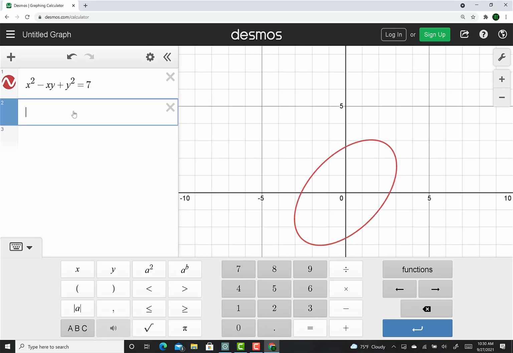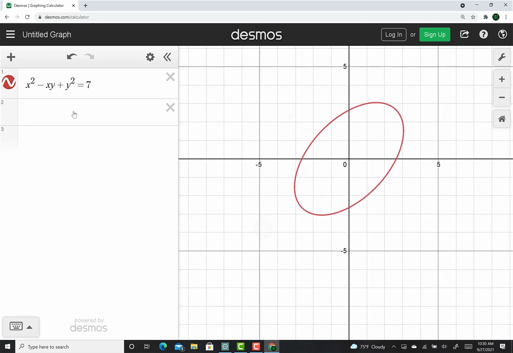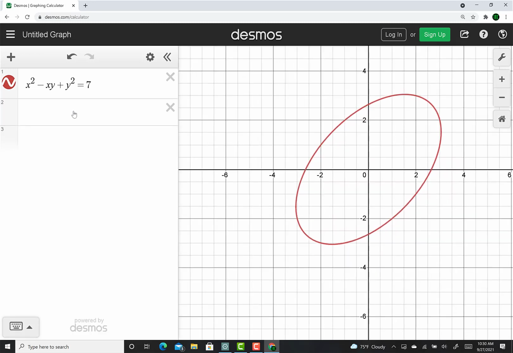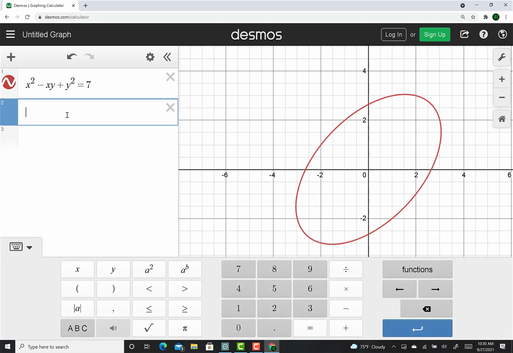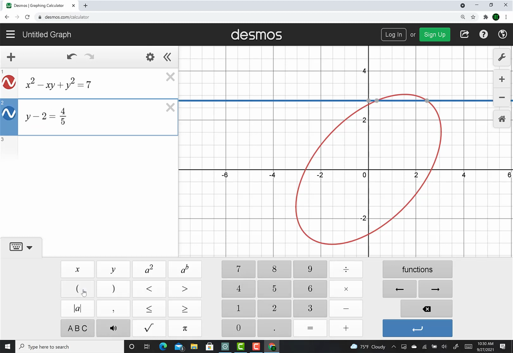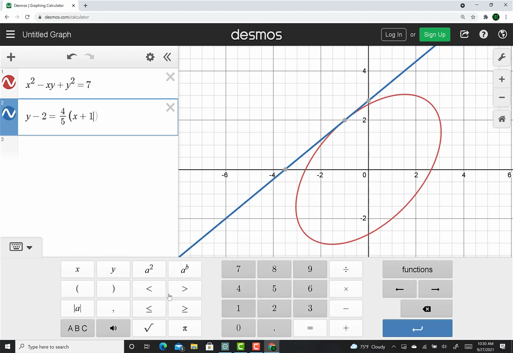And then give me my tangent. Because of the minus xy. Don't worry, it comes like. All right. What is the y minus 2? Yeah, you're good. Equals 4/5 (x plus 1).